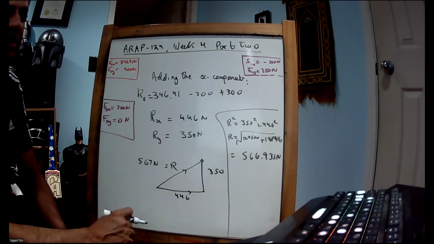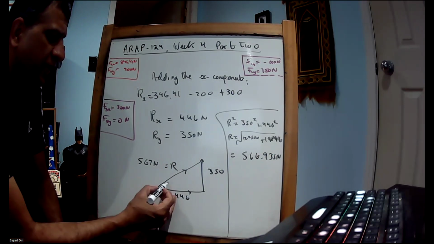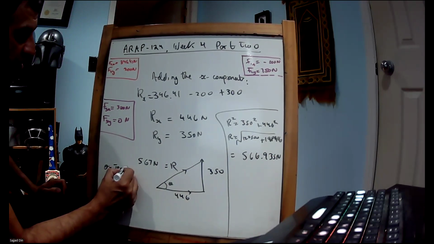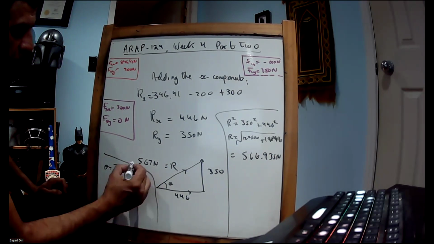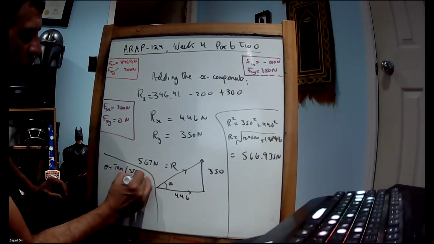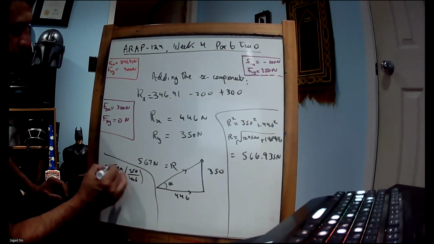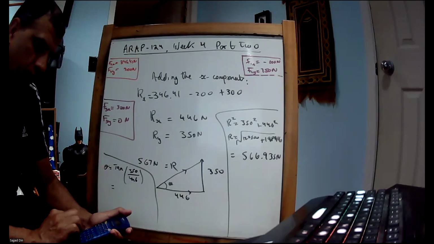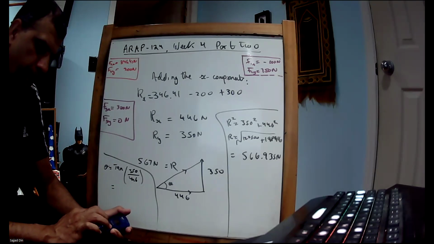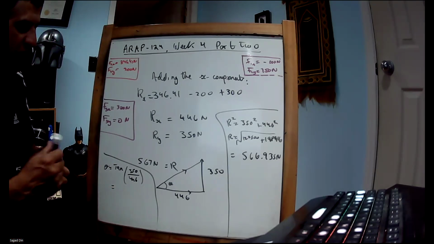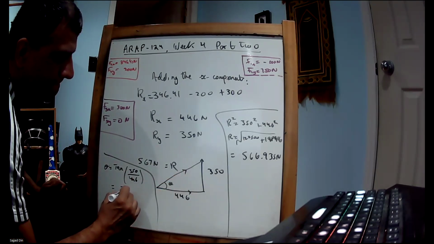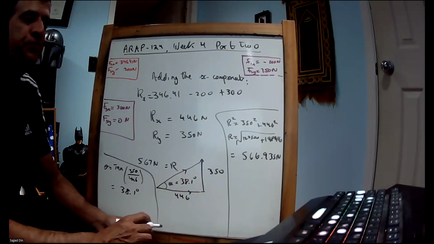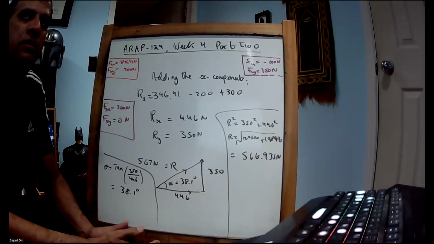I round to 0 decimal places. And so theta is going to be equal to inverse tan of 350 over 446, which is 38.1 degrees. Okay, so that's basically the answer.